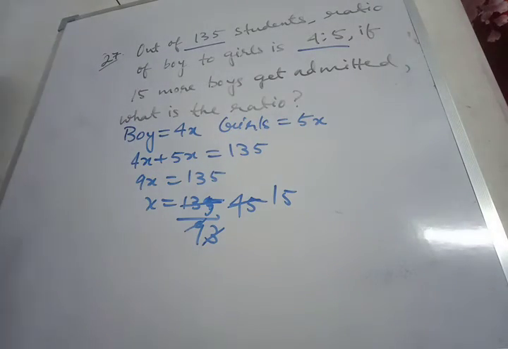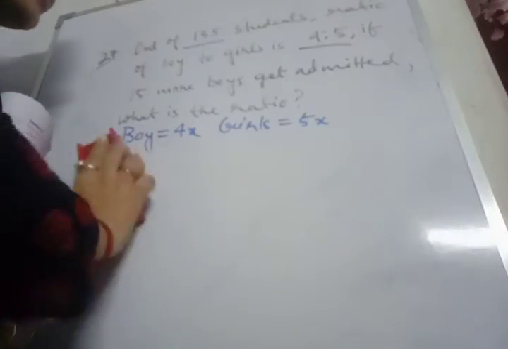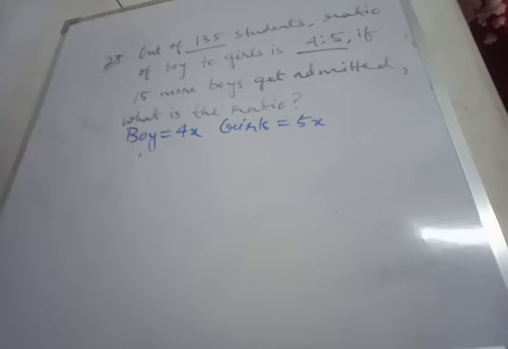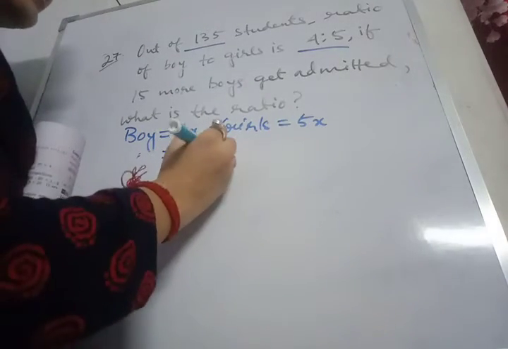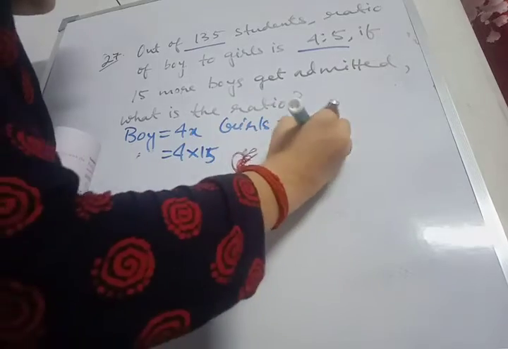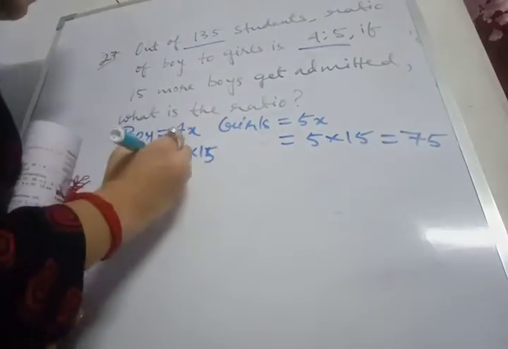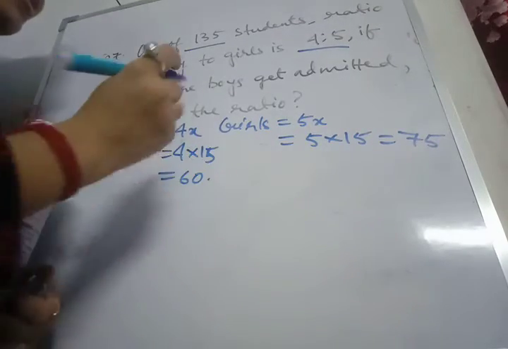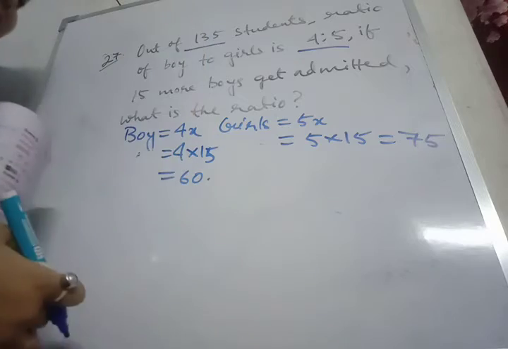Now we'll find out the number of boys and girls. x equals 15 means boys will be equal to how much? Boys will be 4 into 15, that is 60. And girls will be 5 into 15, that is 75. After that what happened? 15 more boys get admitted in the school.